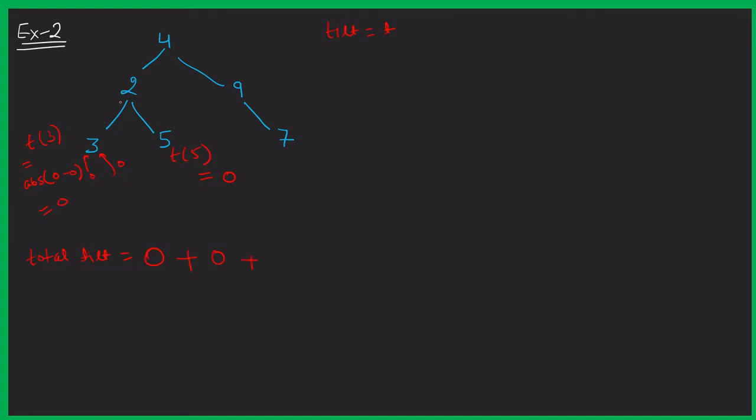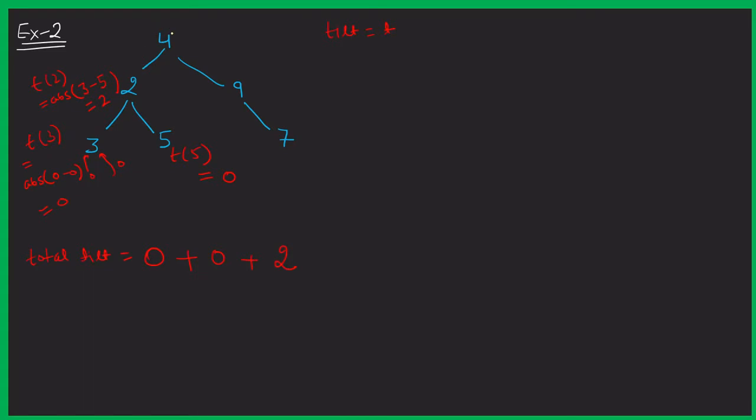Now the tilt of 2 will be the absolute difference of the left sum and the right sum. For this node 2, the left subtree has only the 3, and the right part has only 5. So the absolute difference between 3 and 5 will be 2. So for the tilt of 2, we have got 2.